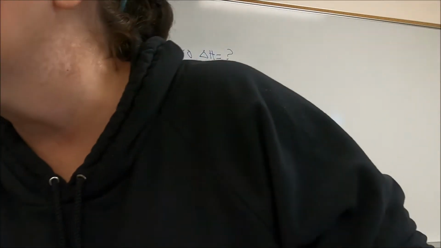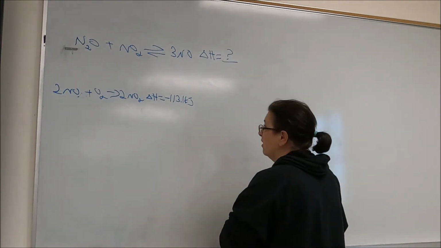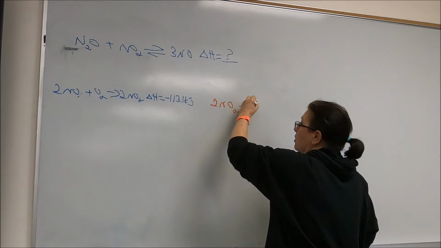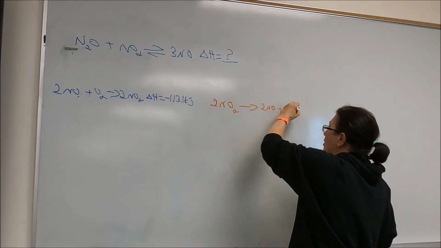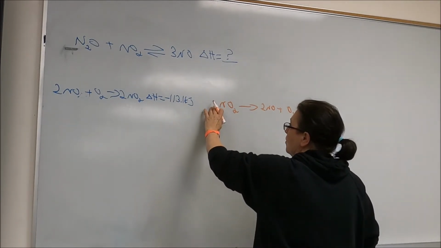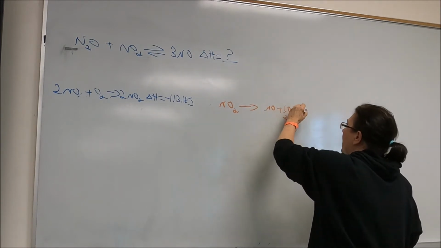So if I reverse that, then I am going to have the reaction 2 NO2s going to 2 NOs plus an O2. Okay, and I want to cut it in half, so I'm going to take that down to 1, that down to 1, and that's 1/2.